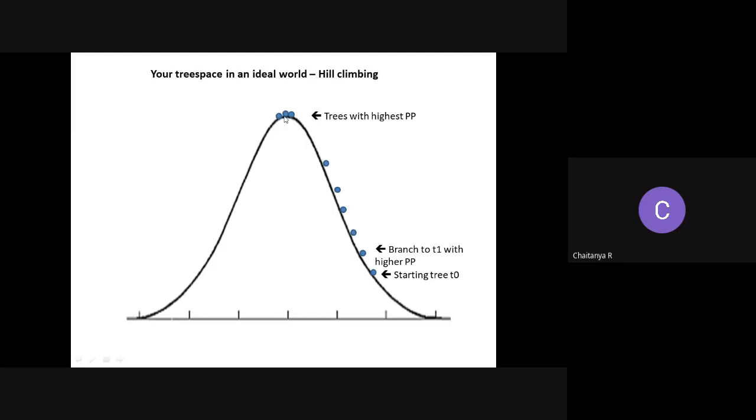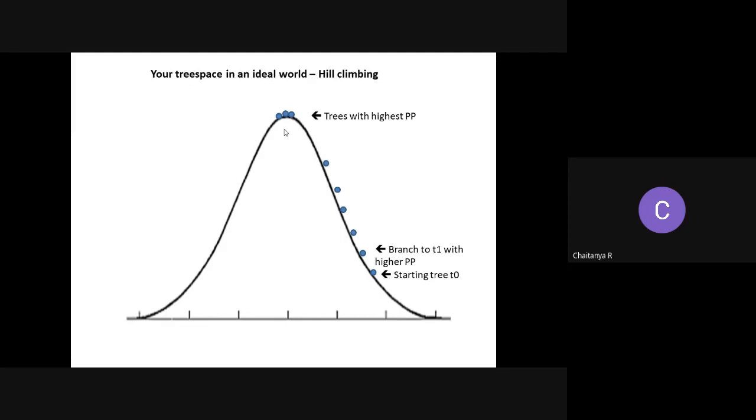So you won't make that move, and you will stay right on top here, correct? So this is like the ideal situation of traversing probability space, where you reach the peak and you found your best trees, and you do a consensus of your best trees, and you get the tree that you want, right? Everyone with me so far?